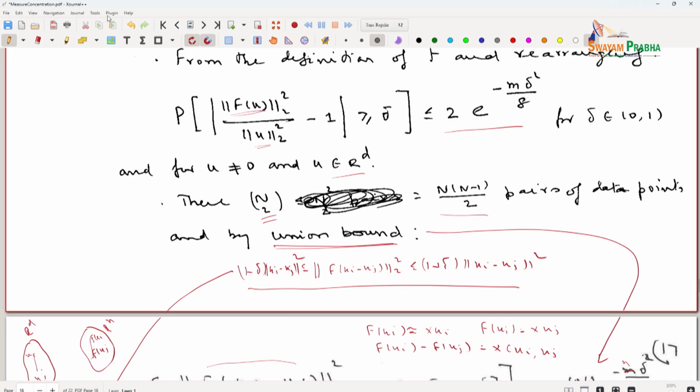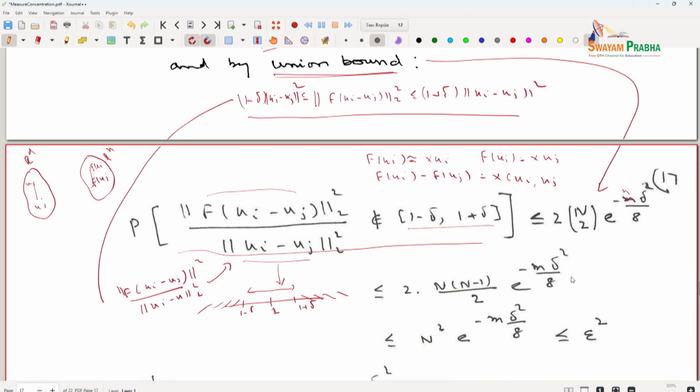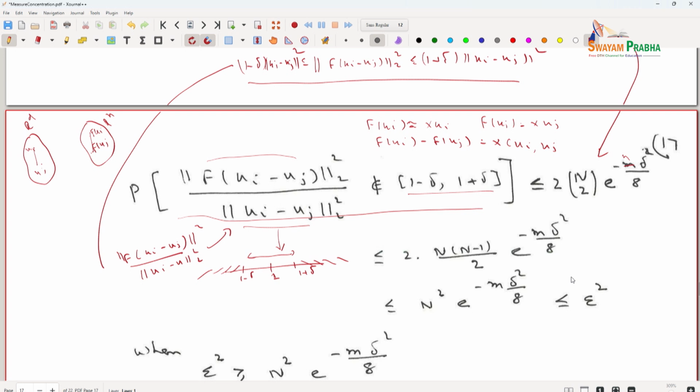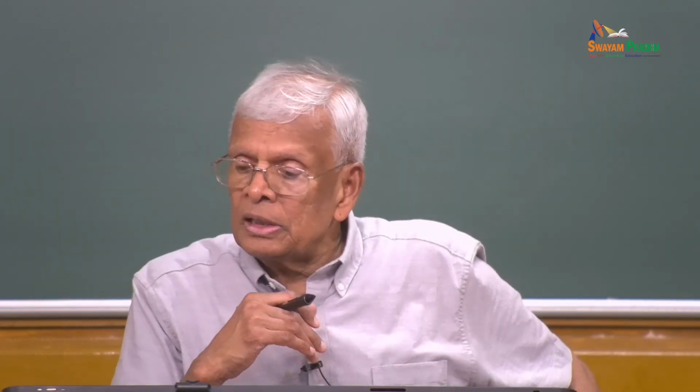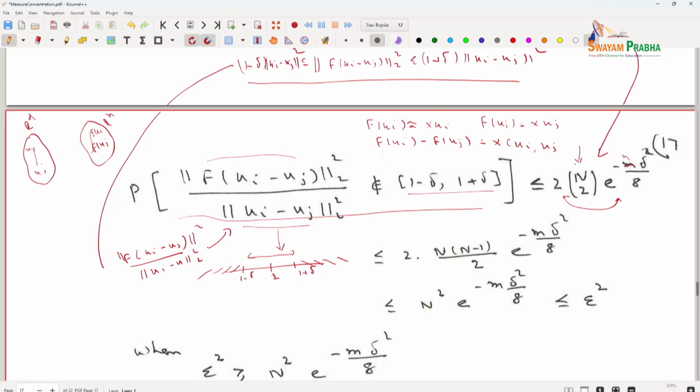The 2 is from the original inequality. So, these two terms from the original inequality, this is the number of distinct pairs. The number of distinct pairs I am trying to add for each of these quantities the same. So, the sum is always less than NC2 times e to the power of minus n delta square divided by 8.